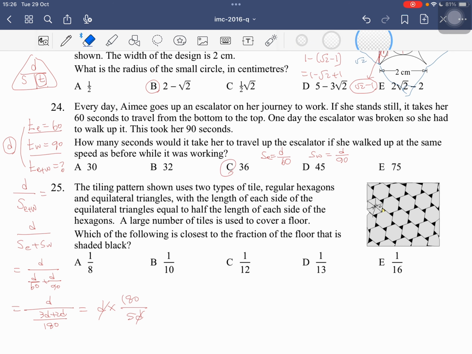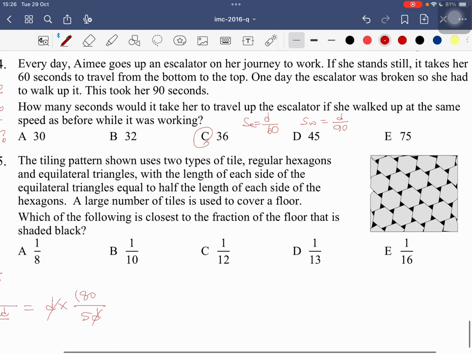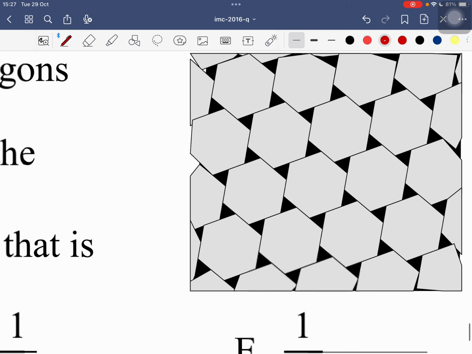Number 25. This is the tiling pattern. Uses two types of tile. Hexagon, equilateral triangles, the length of each side of the equilateral triangles equal to half of the length of each side of the hexagon. Large number of tiles used to cover a floor. Okay, so this is like repeating.